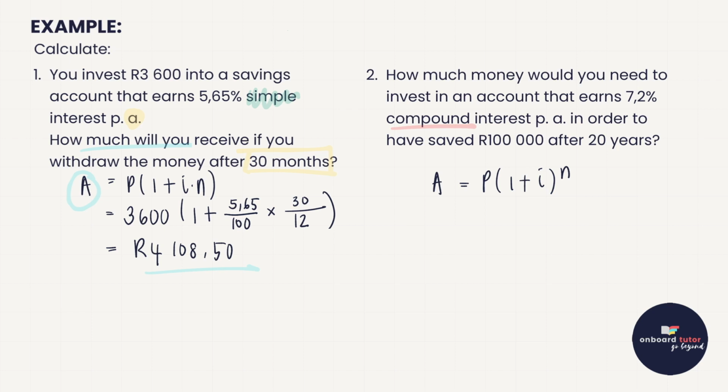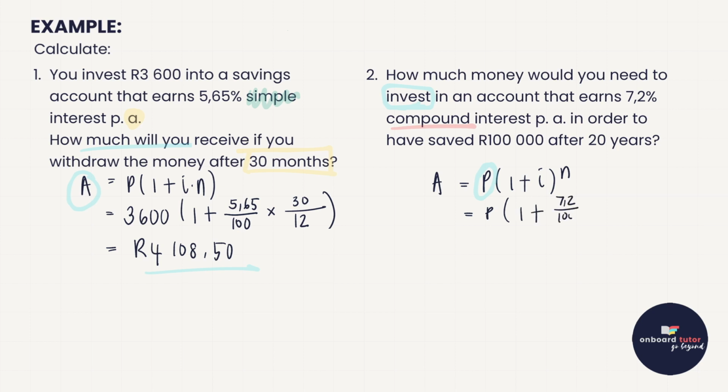How much money would you need to invest? The amount you invest is actually this value here, so this is a little bit different. We're going to have to manipulate our equation when we start solving. It's in an account that earns 7.2% compound interest per annum. So P we don't know.